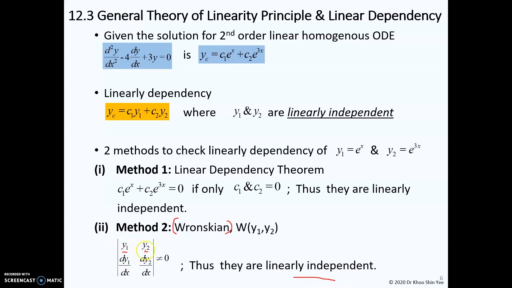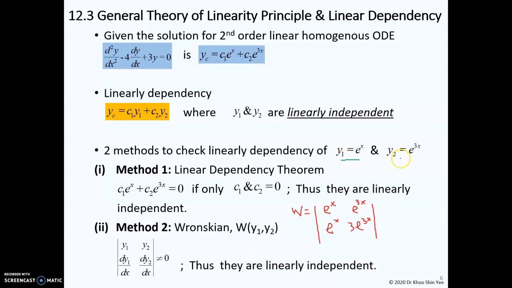If you form this determinant, where you have y1, y2 here and the differentiation of y1, so this one is your y1 prime and this is your y2 prime. If the determinant gives you not equal to 0, then we say y1 and y2 are linearly independent. If the answer gives you equal to 0, then y1 and y2 are linearly dependent.